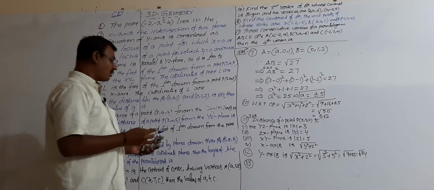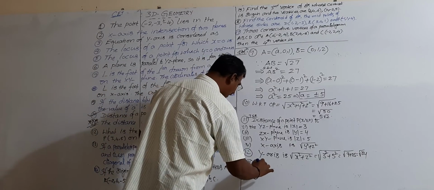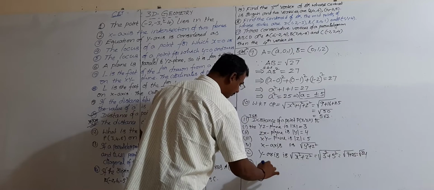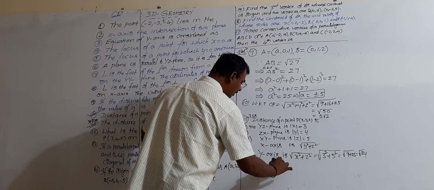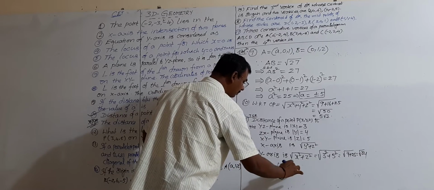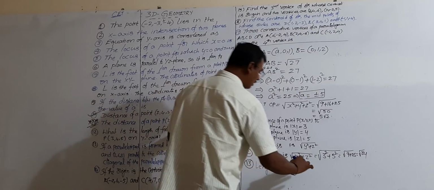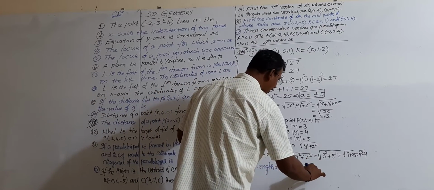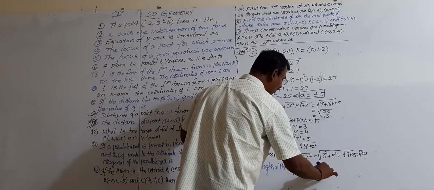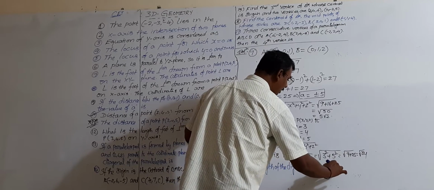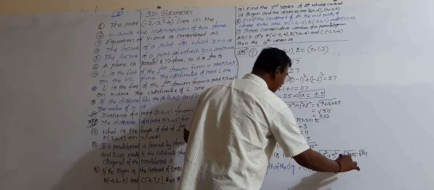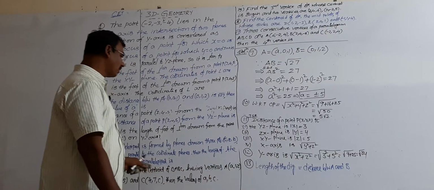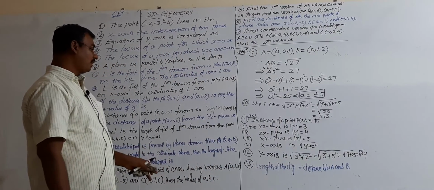So remember, the length of the diagonal is equal to the distance between A and B.